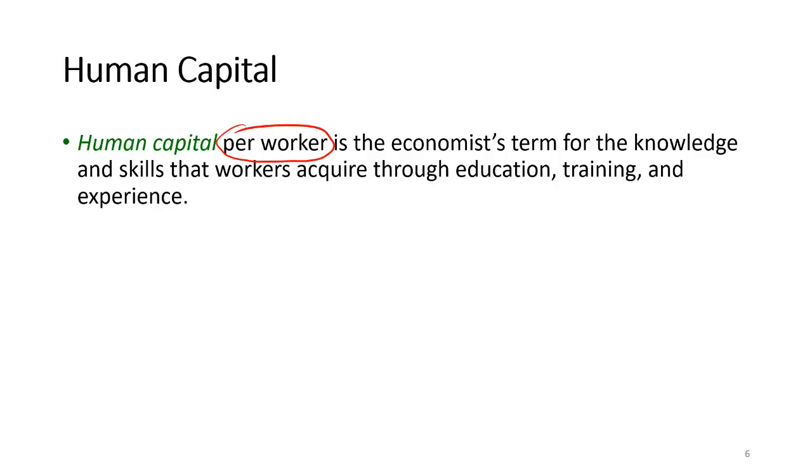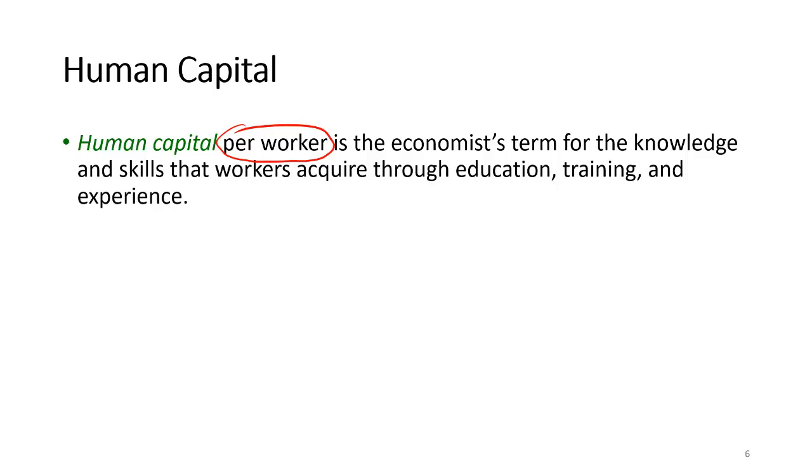So it's the body of knowledge. When you go to college, you acquire knowledge. When you work, you acquire knowledge. And simply, American workers have more knowledge than an average worker in India or any other developing countries. And that's why American workers, or workers in developed countries, are more productive.